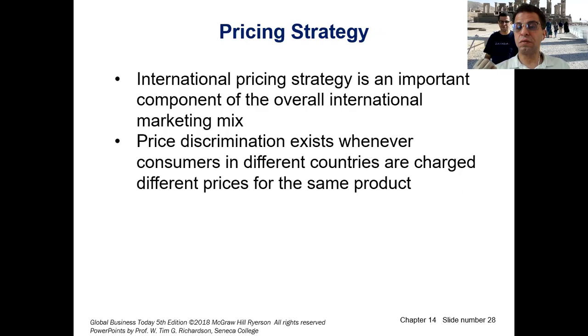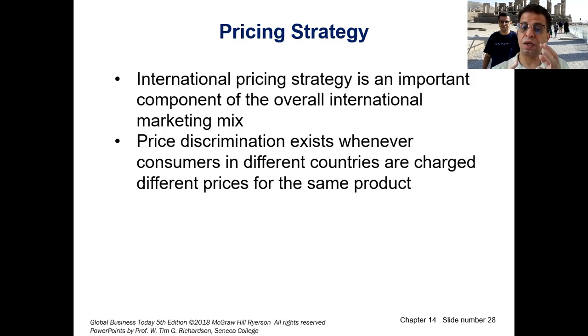Now, we all know pricing can differ from one country to another according to issues like income, demand, distance, and all these things. International pricing strategy is an important component of the overall international marketing mix.